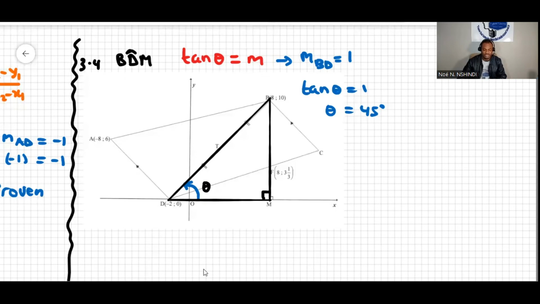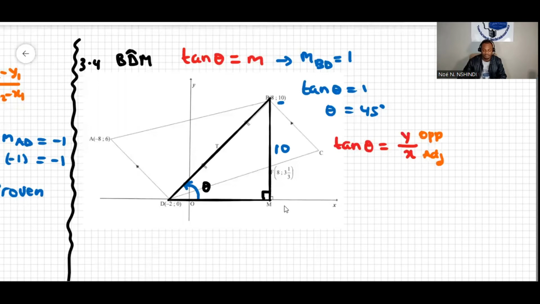We know that tan of the angle theta is equal to the opposite over the adjacent. In the vertical here, opposite the angle, we can see that it is equal to 10 units, because the y value is 10.